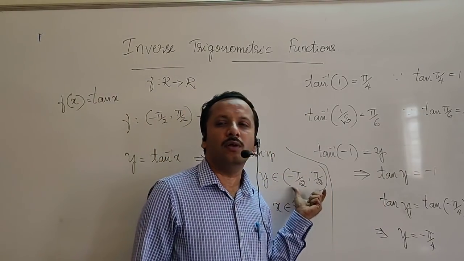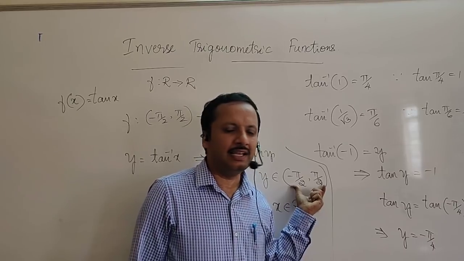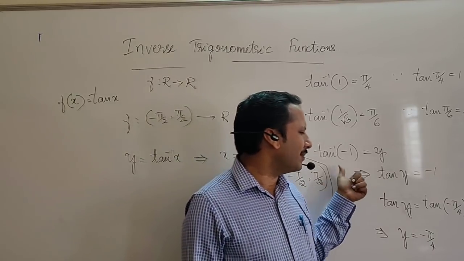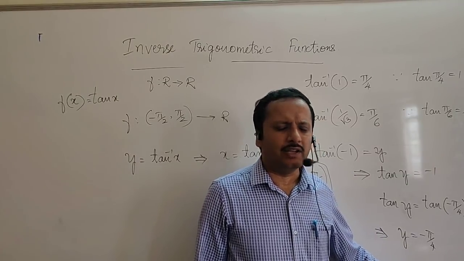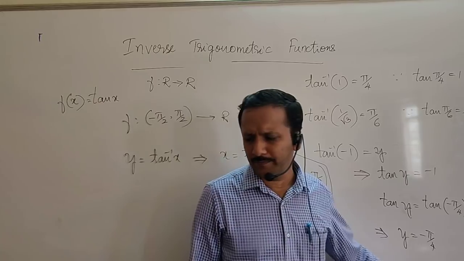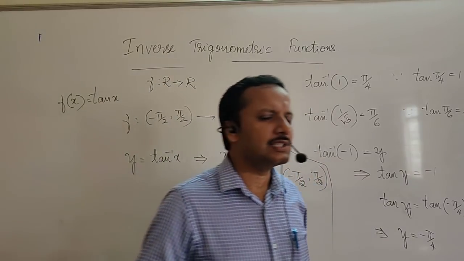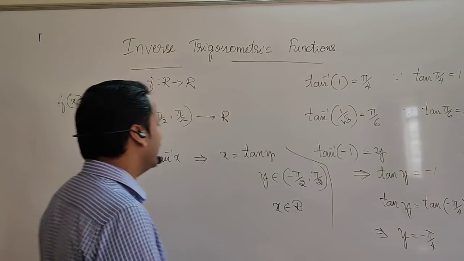That 3 pi by 4 does not lie in this interval. Hence, tan inverse of minus 1 must be equal to minus pi by 4 only and not 3 pi by 4.